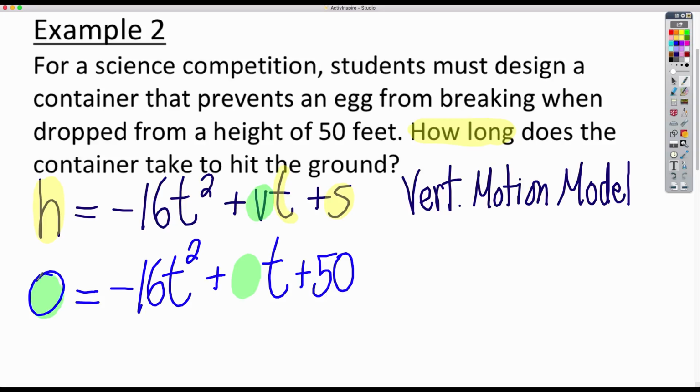So let's now envision the scenario. Let's pretend that I'm the student, and I've got my egg in a special container I created. This is what you do, and this is what they do at the Museum of Discovery and Science.